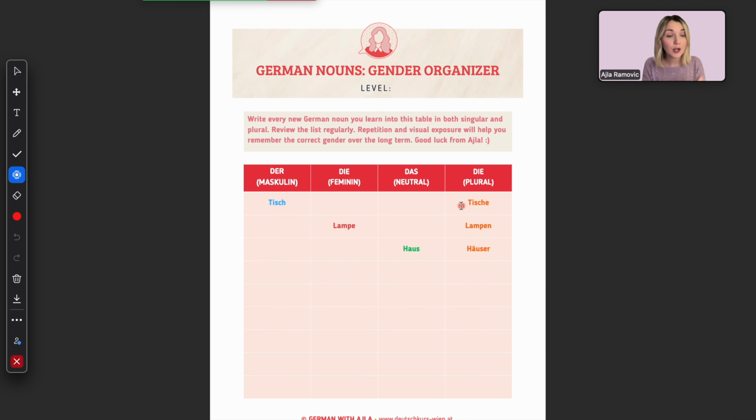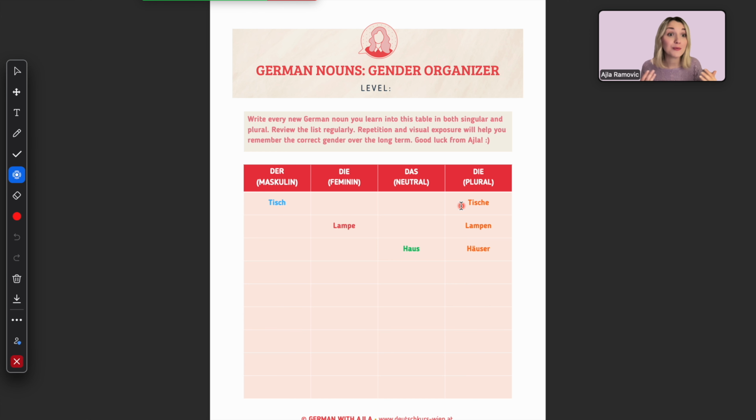So whenever you are learning a word, you are just adding it to your gender organizer. And what is really good, whenever you are adding a new element, you will be exposed to the words that you already have written. And with this exposure again and again, with this repetition, the words are more likely to stick, so you are more likely to remember them for the long term.